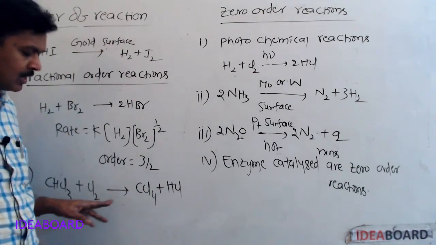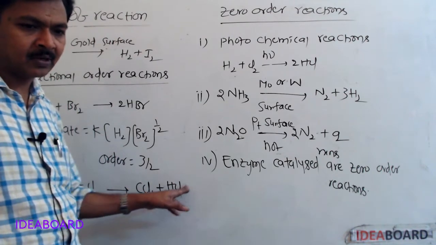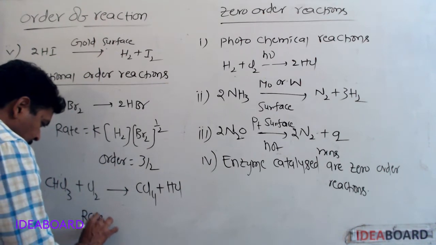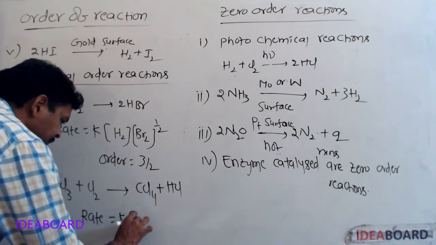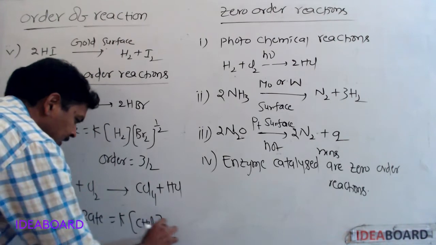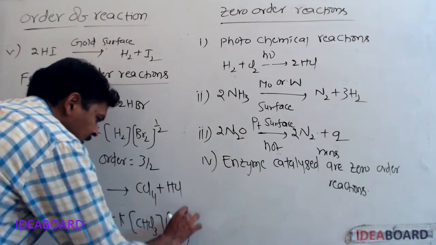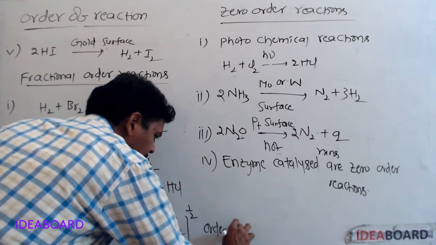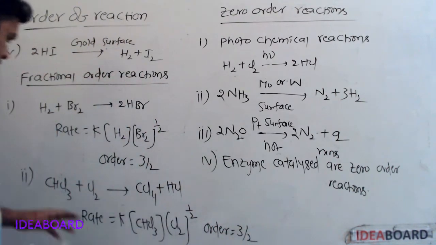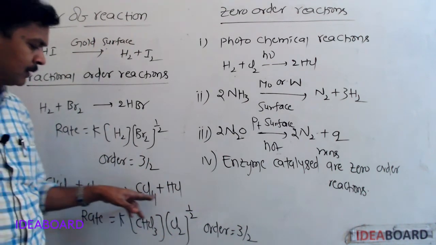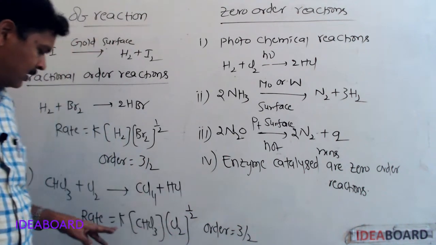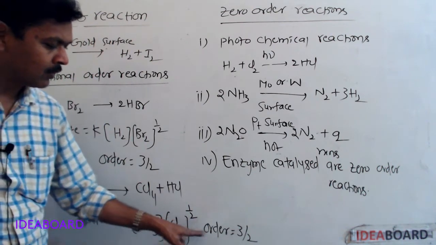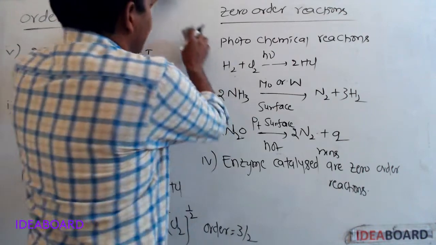For this reaction, rate equation is rate is equal to K into CHCl3 concentration into Cl2 concentration power 1 by 2. Then order is 1 plus 1 by 2, 3 by 2. Order with respect to chloroform is 1, with respect to chlorine is 1 by 2, overall order of reaction is 3 by 2.